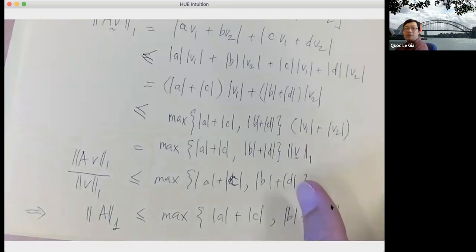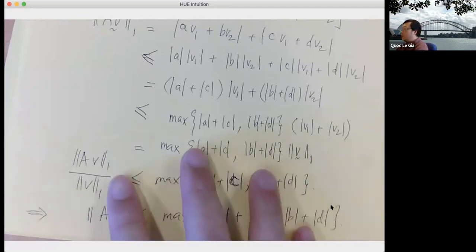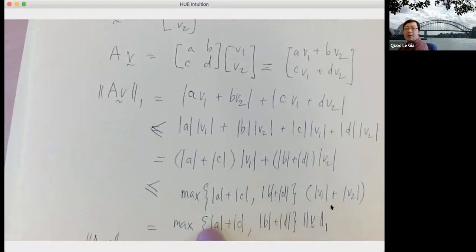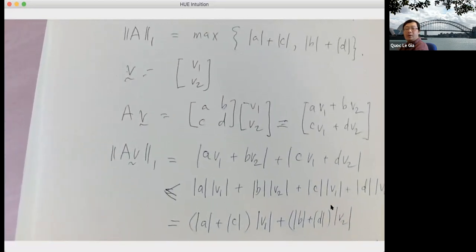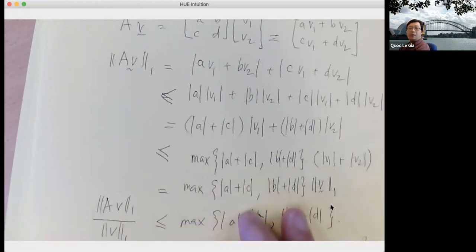So my statement is, remember, what I want is to prove the one norm of the matrix A equals the max of a plus c in absolute value, b plus d. Right now I just got less than or equal, so it's not done yet.